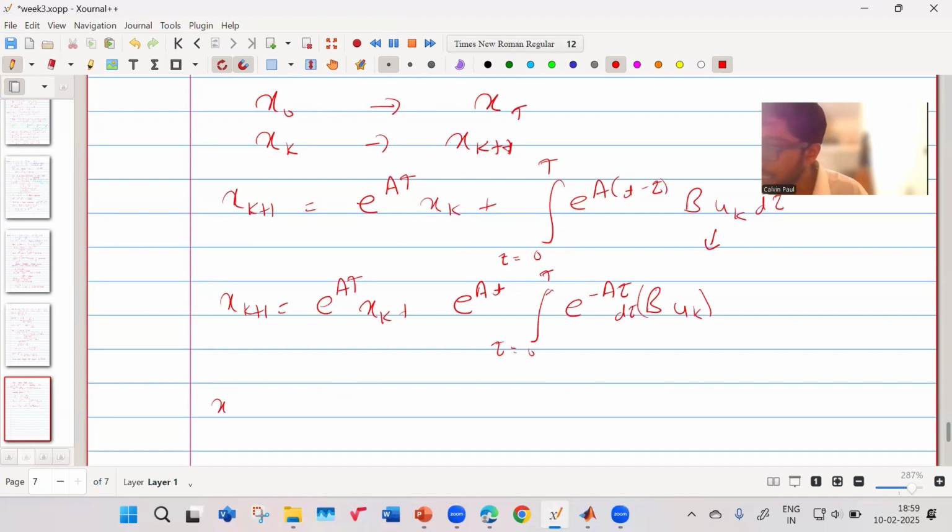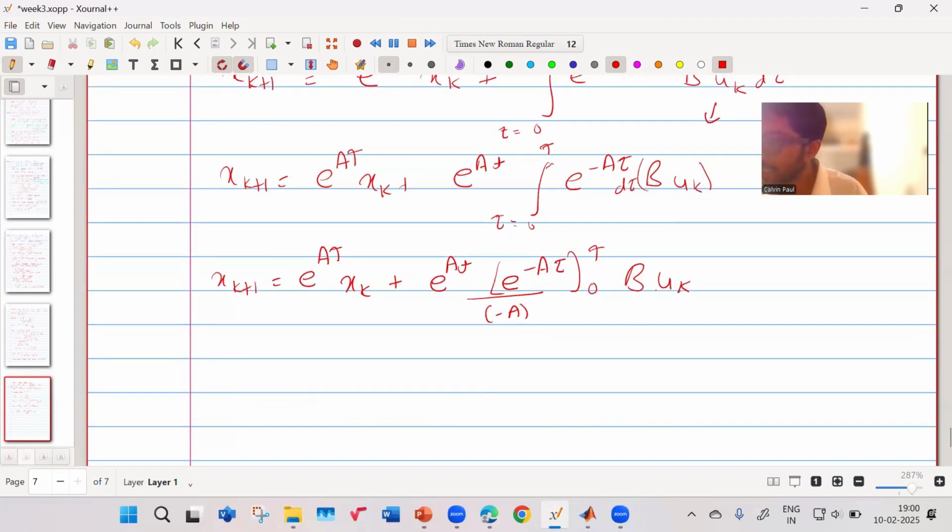So it becomes x(k+1) is equal to e to the power A T x(k) plus e to the power A T into e to the power minus A τ upon minus A, and τ is going from 0 to T, B into u(k).